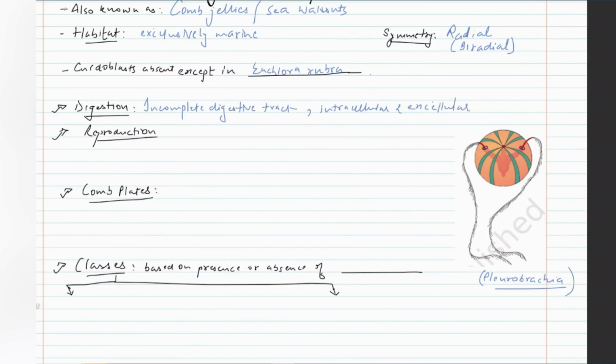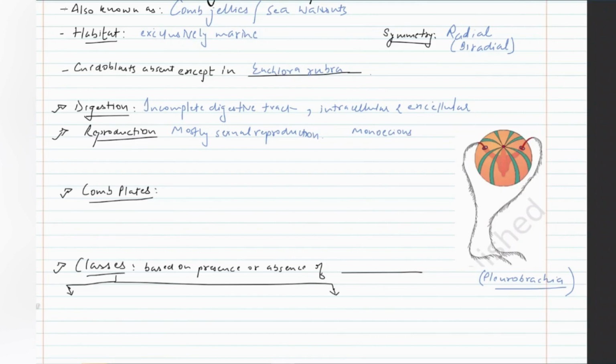Talking about reproduction, reproduction takes place mostly by sexual means. Now these organisms are usually monoecious.